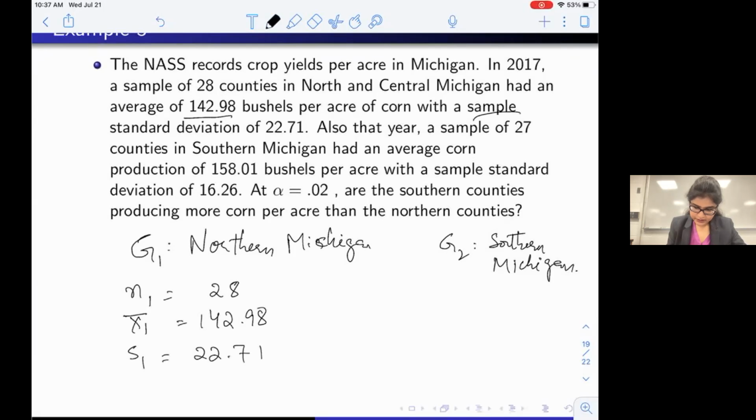For group 2, Southern Michigan, they chose 27 counties, found on average 158.01 bushels per acre, and the sample standard deviation S2 is 16.26.